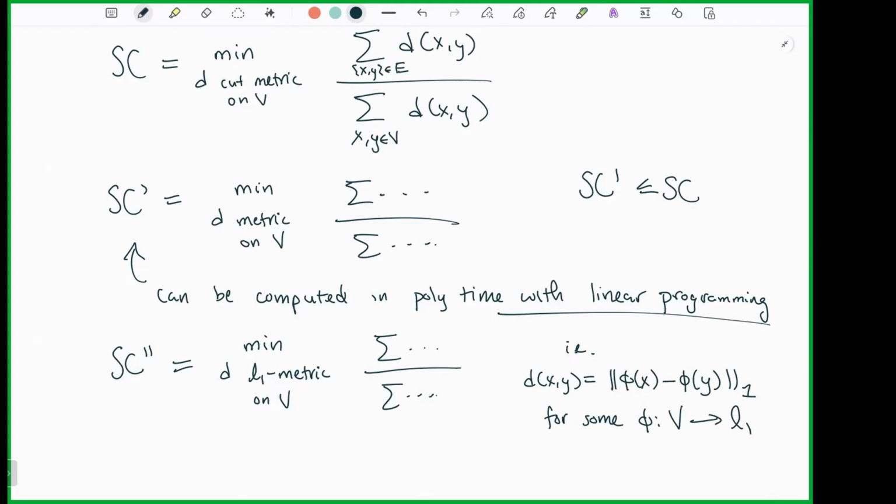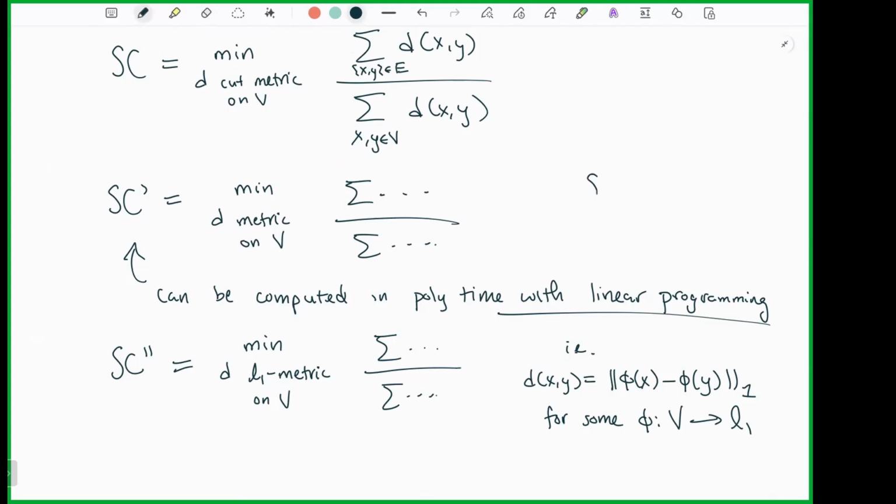So we have these three versions of the sparsest cut problem. The top one is the actual one that we care about, and the other two minimize over different classes of metrics. Taking the inequality I wrote over here, let me add to it.